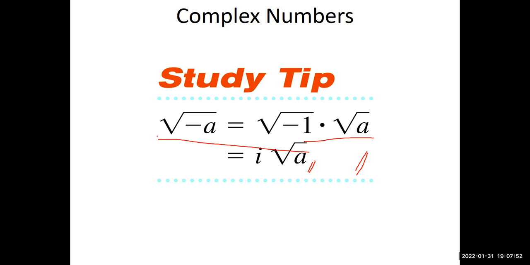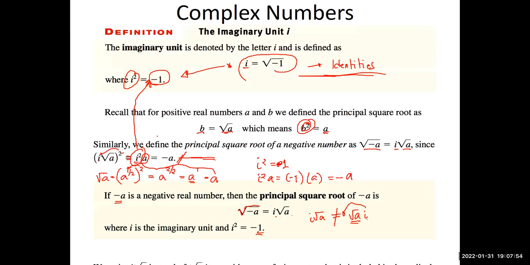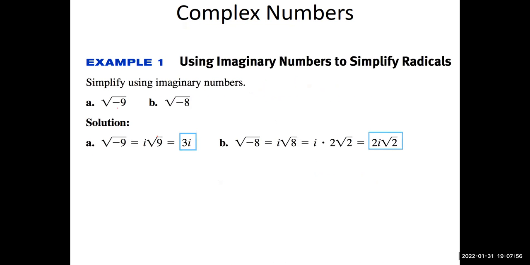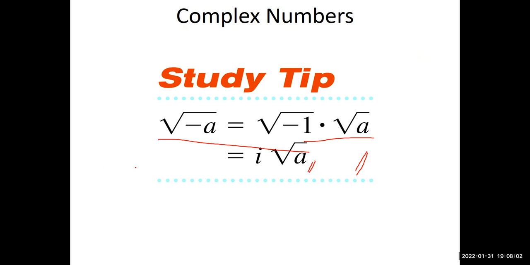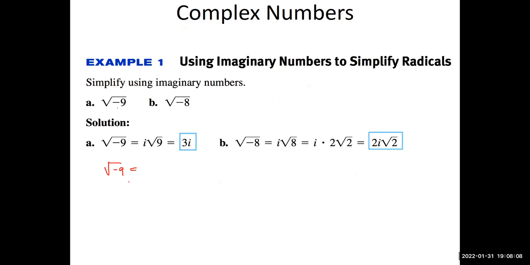So the square root of negative 9 is equal to the square root of negative 1 multiplied by the square root of A. And what is A? That is 9. So we will now have the square root of negative 1 multiplied by the square root of 9.